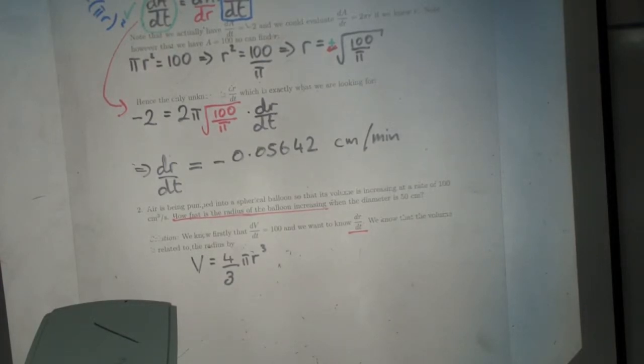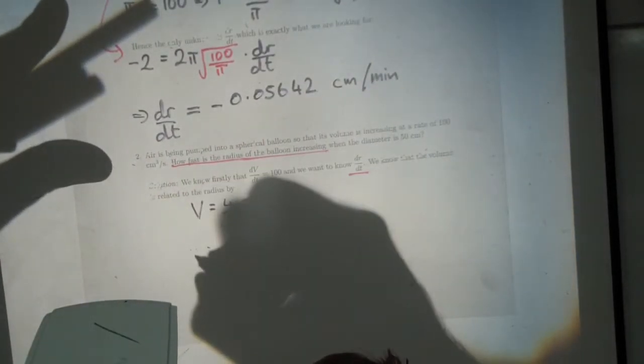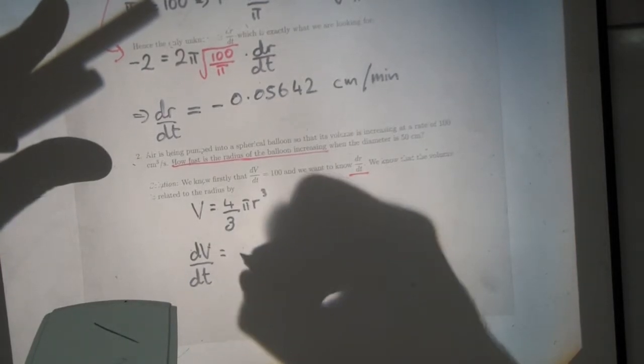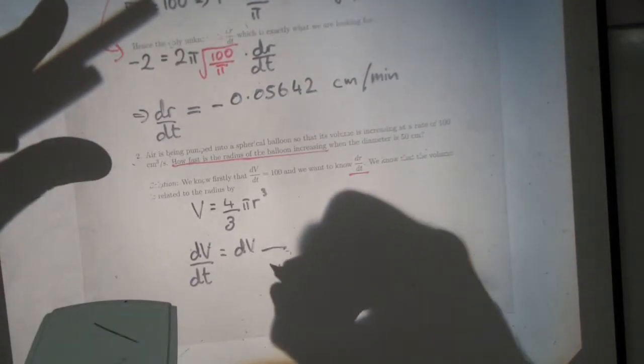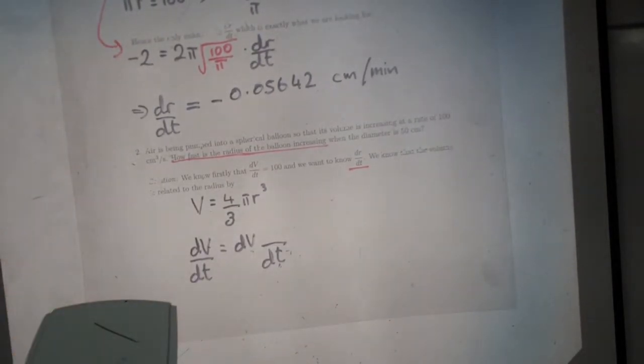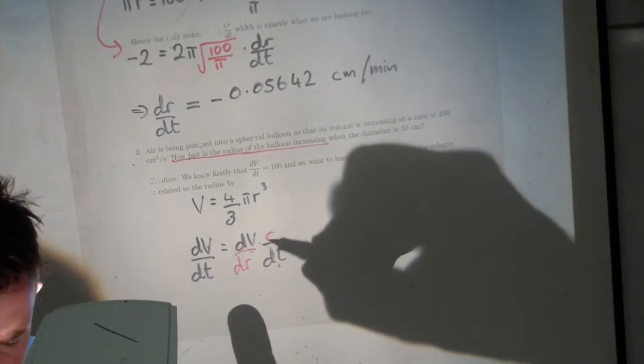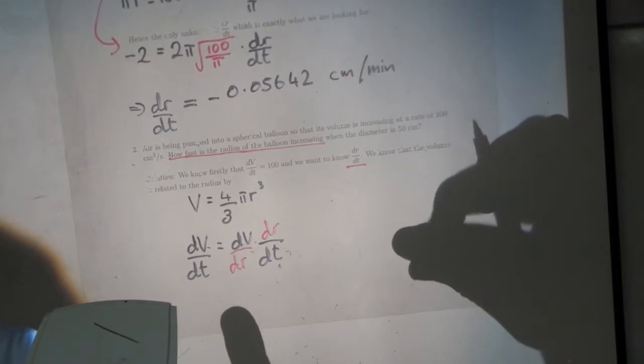So differentiate volume with respect to time, and then chuck in the other variable, which is radius, and dr. Symbolically it makes sense because dr over dr is 1. You're multiplying by 1. Mathematically it doesn't really make any sense, but you can actually go back.